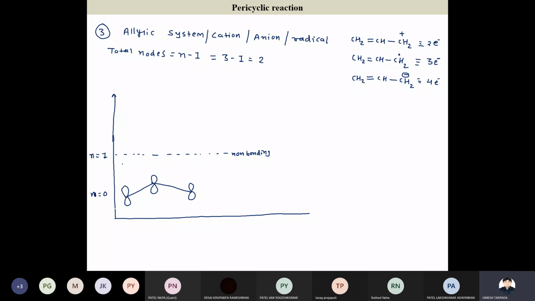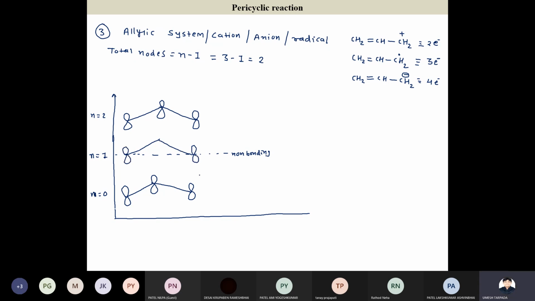Here it is the non-bonding level, and here it's the bonding level, that is 2 nodes.